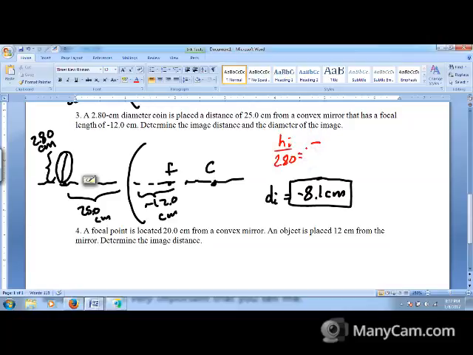You put this negative sign regardless of what sign your image distance is. In this case, the image distance is a negative 8.1 over the object distance, which is 25. So these negatives are going to cancel out, and you're going to get that your image height is a positive 8.1 over 25 times 2.80, whatever that comes out to be.